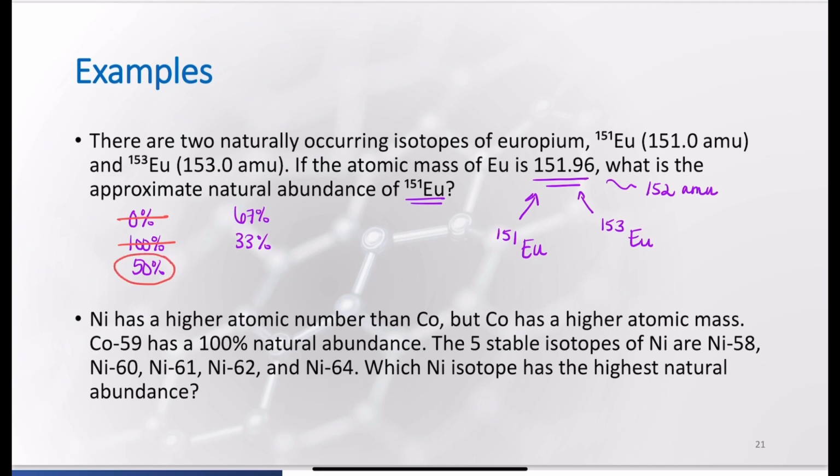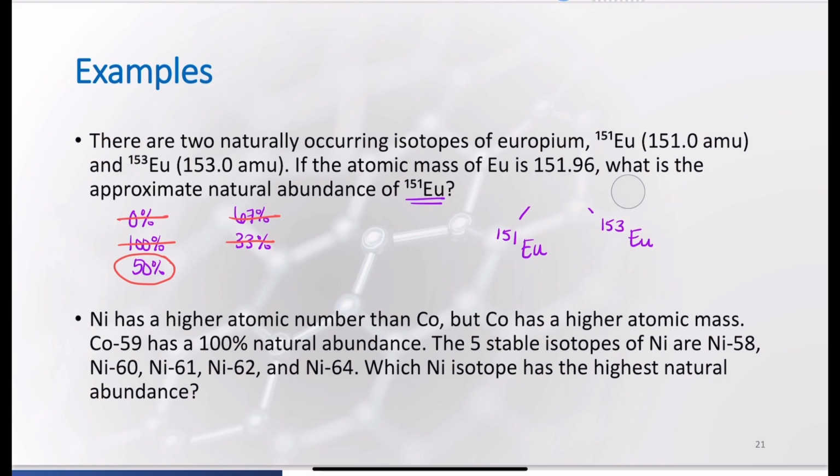It is 50%, because it is about in the middle. This is the approximate natural abundance: about 50% europium-151, about 50% europium-153. In a multiple choice question, it's not 33% because it's slightly closer to 151, and it's not 67% either, because although it is slightly closer to 151, it's about middle ground.